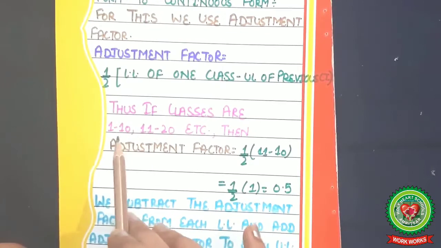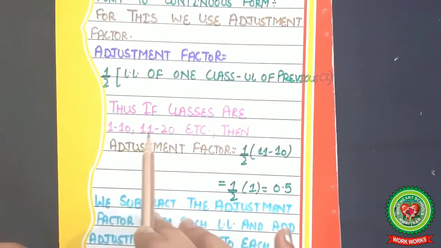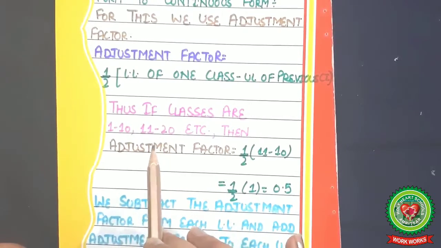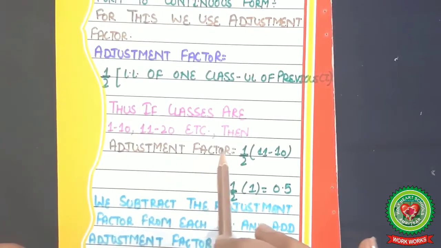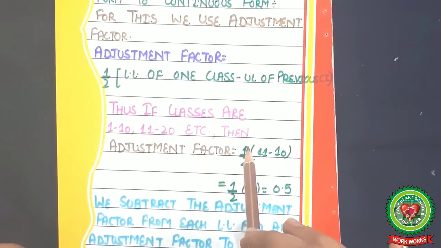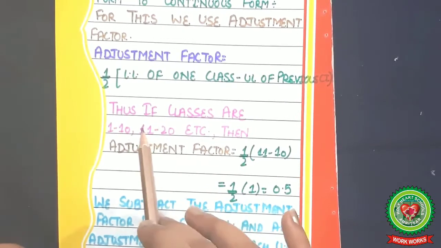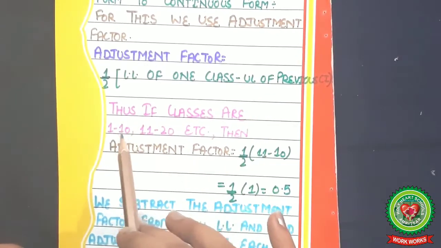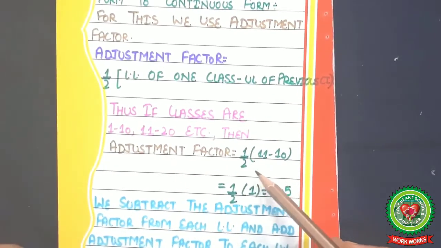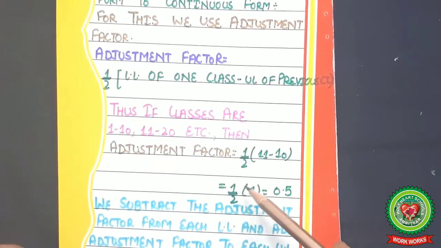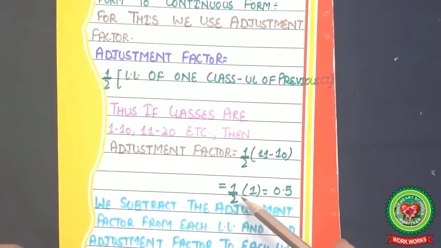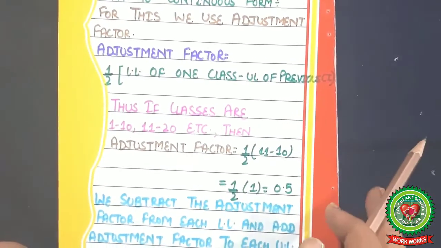This is discontinuous form of data. We will learn how to convert this into continuous form by using adjustment factor. Adjustment factor equals 1 upon 2 times lower limit of one class minus upper limit of previous class, that is 1 upon 2 times 11 minus 10. We will get 1 upon 2, which equals 0.5.